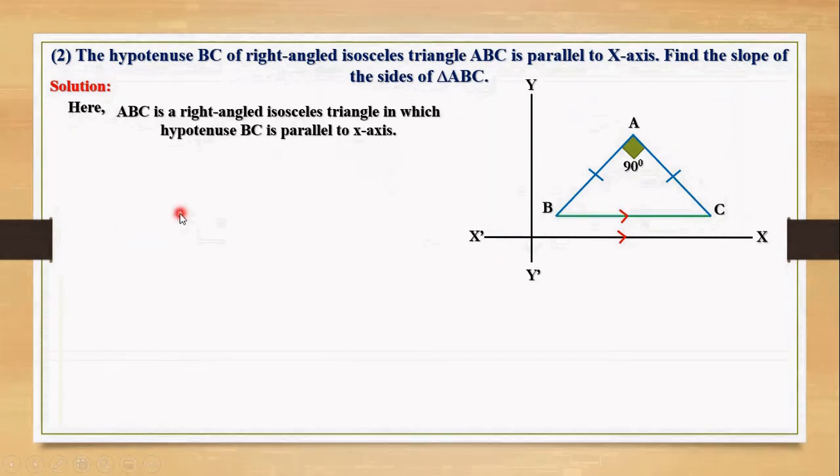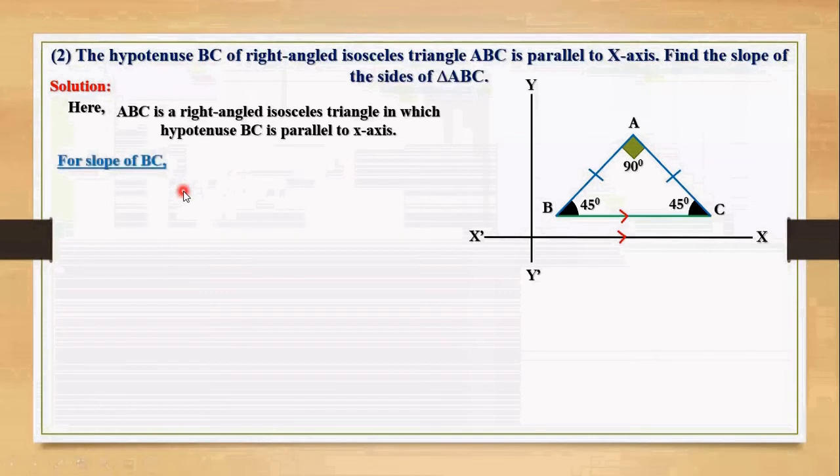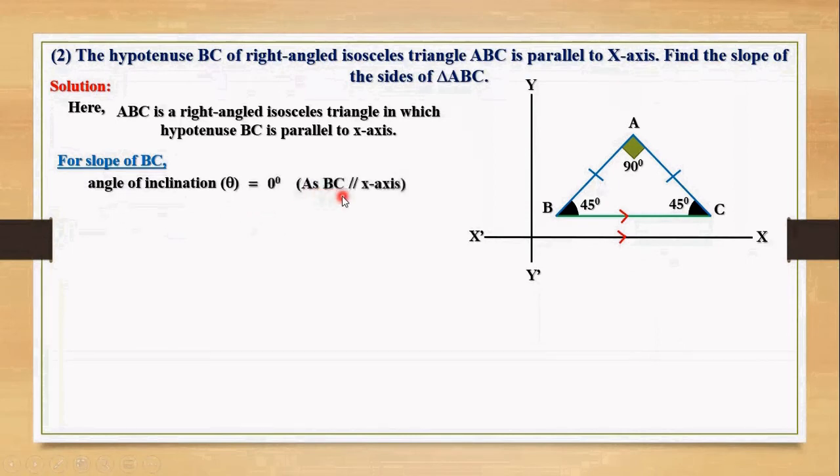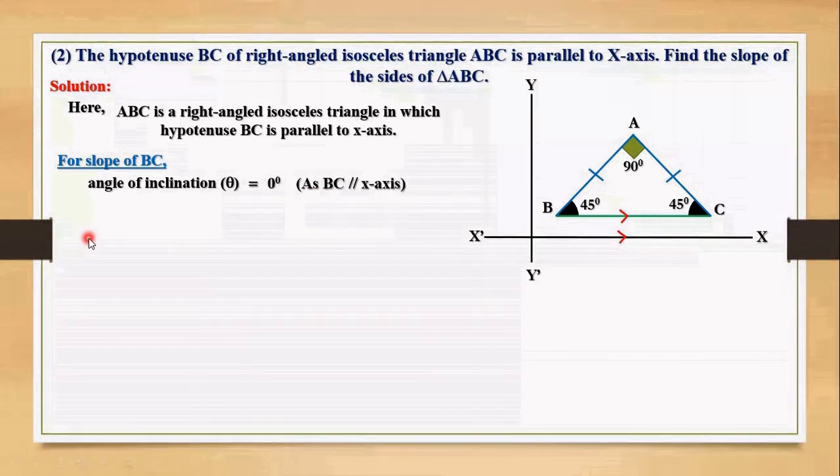Now let's solve it. Now slope of BC. This line BC is parallel to the x-axis. It is not intersecting with the x-axis. So its angle of inclination theta is equal to 0 degrees, as BC is parallel to the x-axis. We know the slope is given by tan theta.